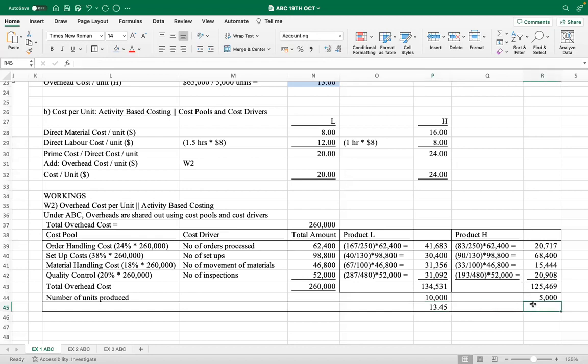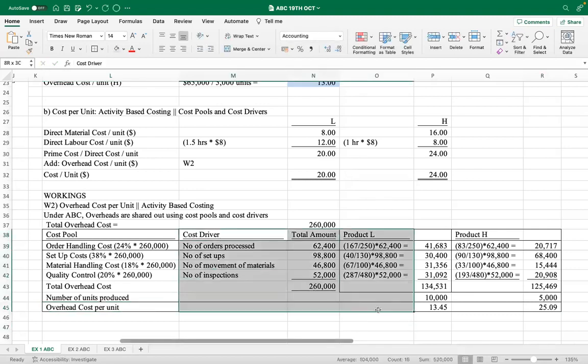Also here, if I take the total overheads divided by number of units, what I get is overheads per unit. The overhead cost per unit is provided for you.